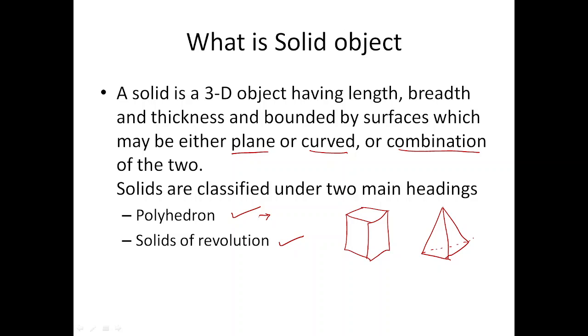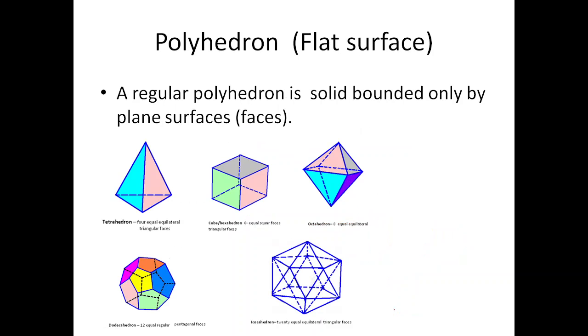So now this consists of flat surfaces, right? Solids of revolution are like a sphere, a cylinder. How is the surface? It is curved. Curved surface. Okay. So now this is polyhedron.